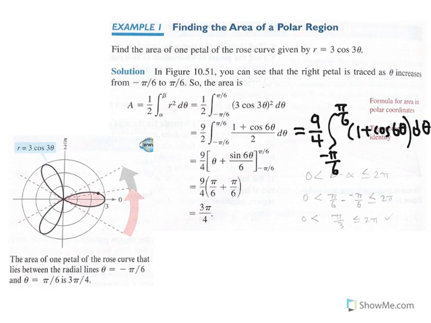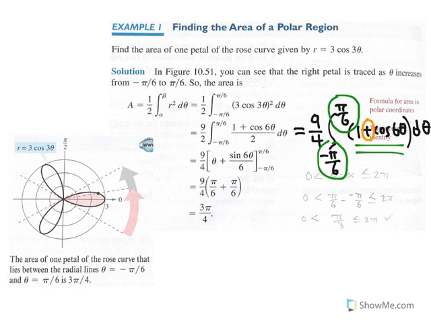You will get 9 over 4 times the definite integral from negative pi over 6 to positive pi over 6 of 1 plus cosine of 6 theta d theta. And now you're ready to go ahead and integrate. You're going to find an antiderivative of the integrand and evaluate the antiderivative at the upper and lower limits of integration and subtract. That is, of course, what we call using the fundamental theorem of calculus.